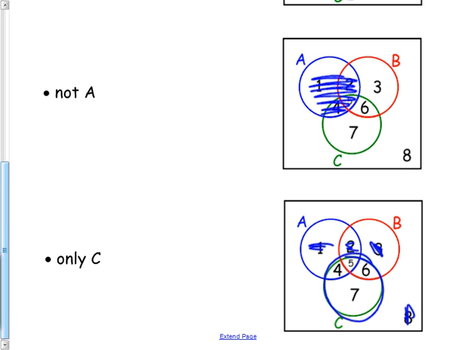Yes? Ooh, you got a point. Thank you. This has some A. So does this. And this has some B. And if it's only C, it should just be the 7. Thank you. You're right. Good catch.